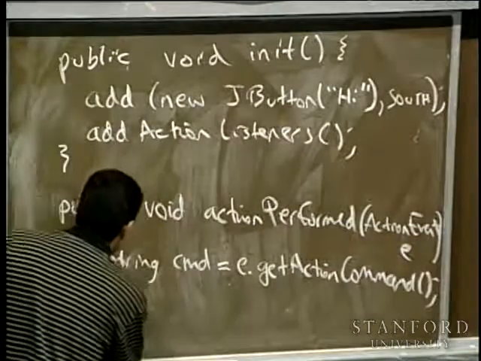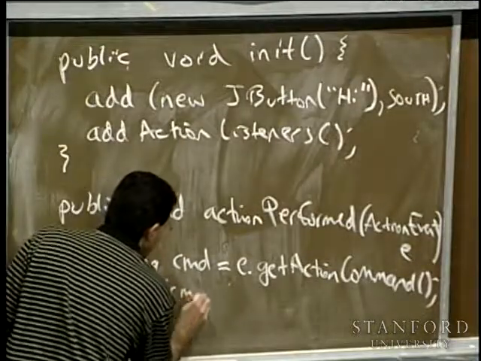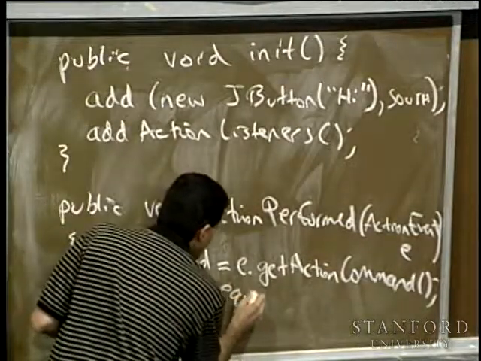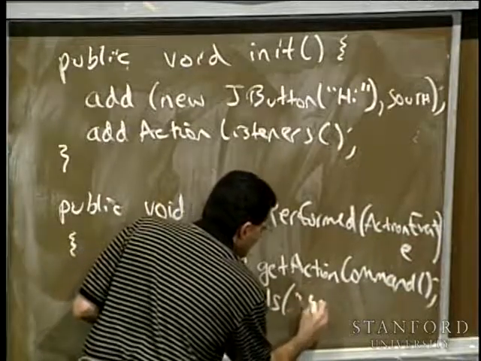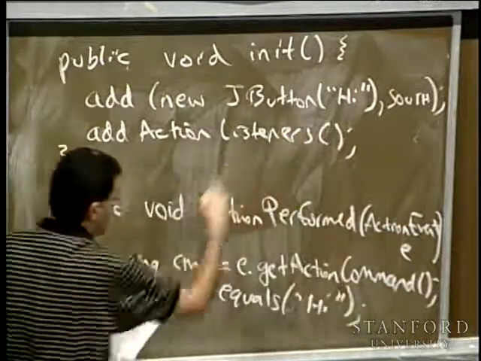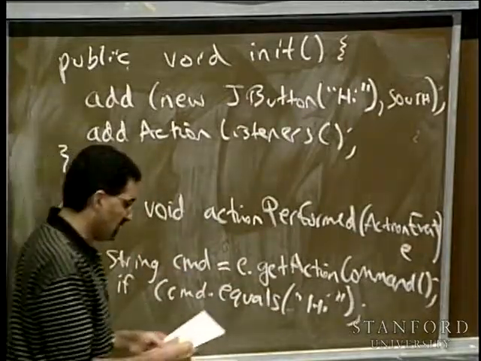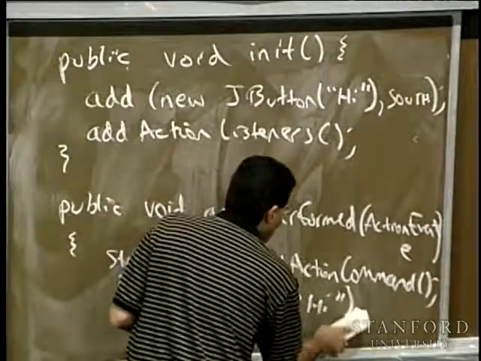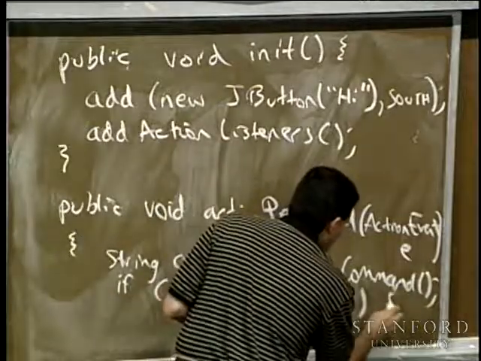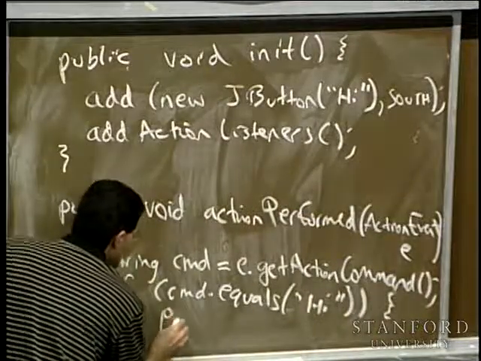So I can check to see if command equals Hi, because I know that's my Hi button, since I coded Hi up there. I could have actually made this a string constant if I wanted to. And if it was equal, then maybe I want to print a line to the screen.